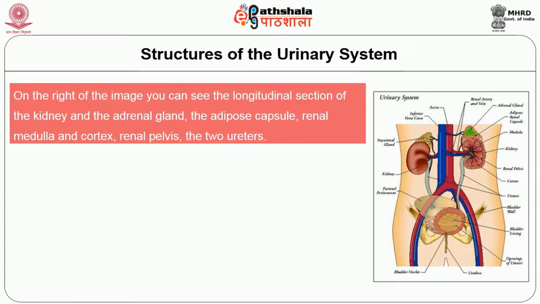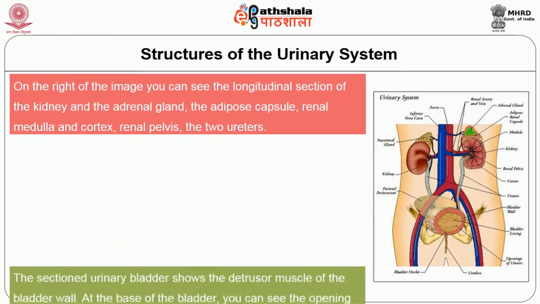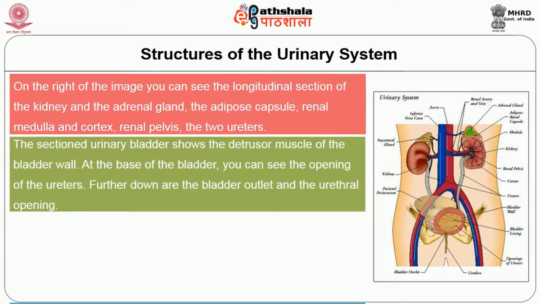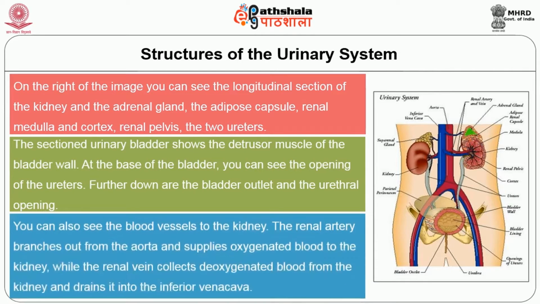On the right, you can see the longitudinal section of the kidney and the adrenal gland, the adipose capsule, renal medulla and cortex, renal pelvis, the two ureters, the sectioned urinary bladder which shows the detrusor muscle of the bladder. You can also see the openings of the ureters. Further down are the bladder outlet and the urethral opening.